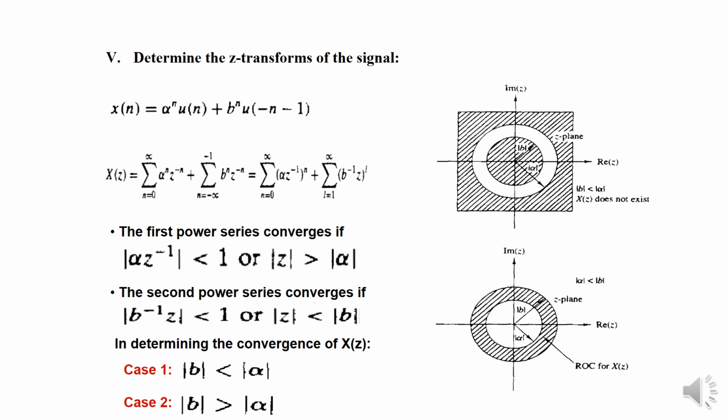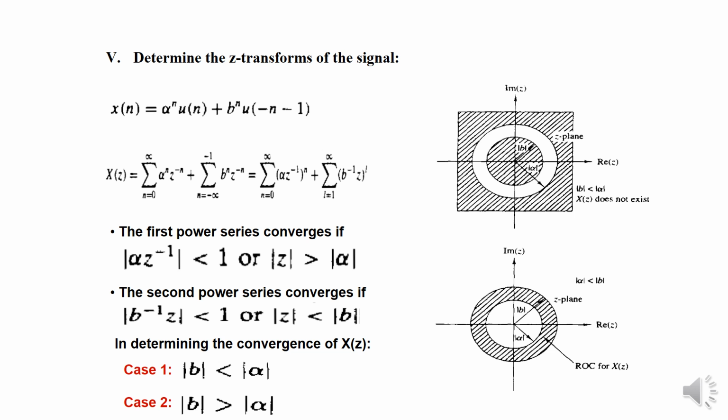So when you have drawn this one, you will see that there are two terms. When you have two terms, you have to write the region of convergence for each series separately, right? So for one, you will get magnitude of z larger than a. For the second one, you will get magnitude of z less than b, right?